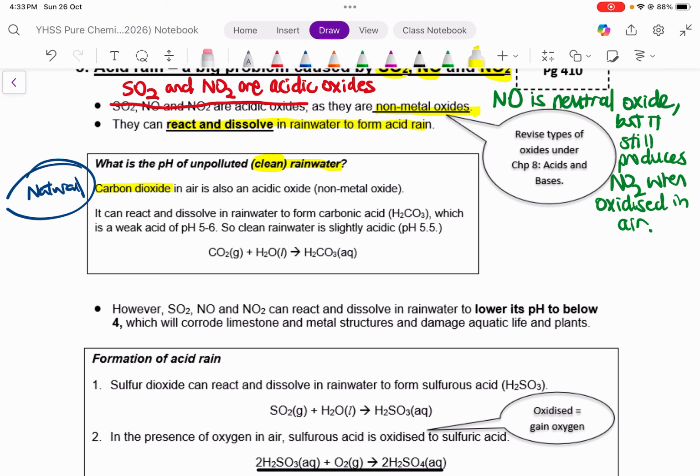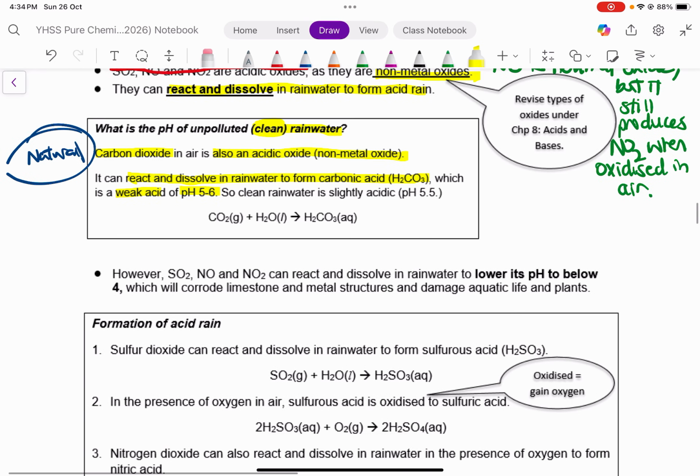There's 0.03 to 0.04% of air is CO2. Carbon dioxide is also acidic, it's a non-metal oxide. So carbon dioxide can react and dissolve in rainwater to form carbonic acid, which is H2CO3. Carbonic acid is a weak acid, therefore the pH is about 5. So actually clean rainwater is slightly acidic, about pH 5 to 6, okay?